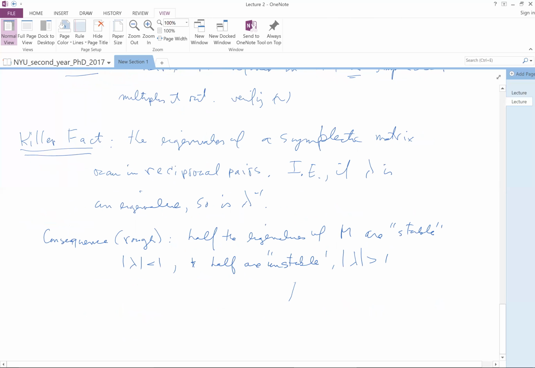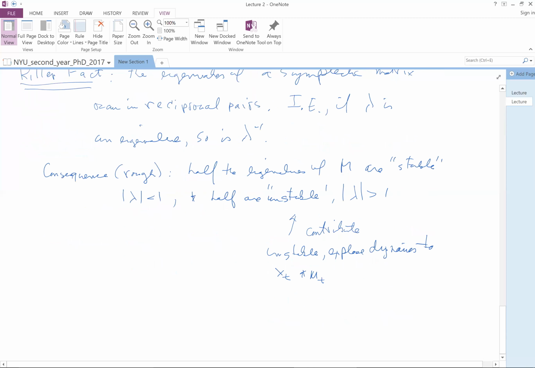Which means that these contribute unstable, explosive dynamics to both x_t and u_t, and they threaten to send, and they don't threaten, they send x_t absolute value to plus infinity, and they send u_t to plus infinity.